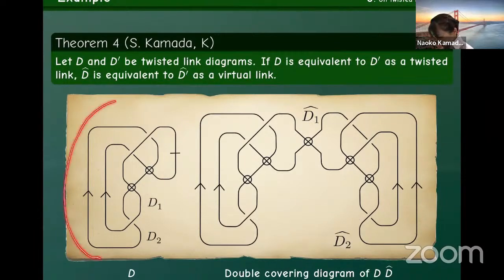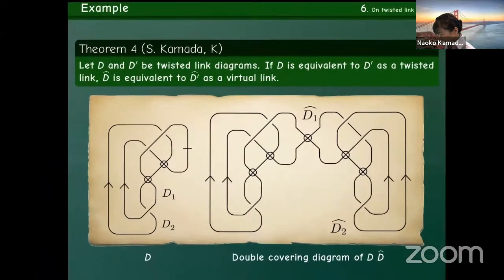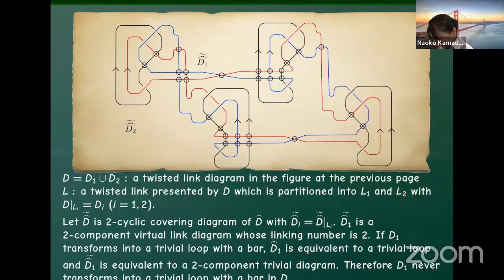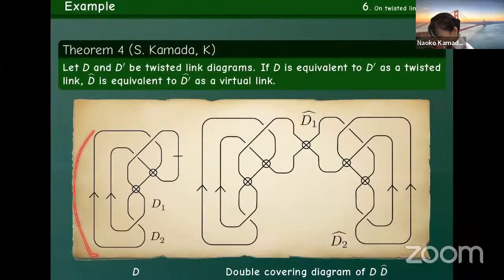This is an example of a double covering diagram of D. Now let D be a twisted link diagram. As told before, this is our example.